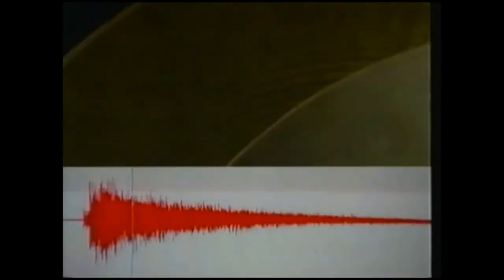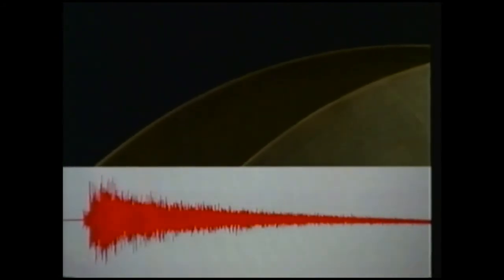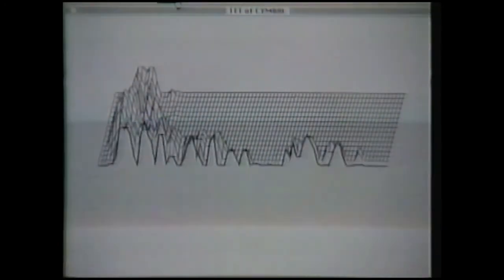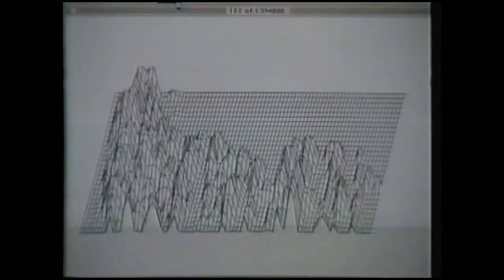Notice that for musical instruments, the pattern is very regular. Now here's a cymbal, much more like a noise. What's the difference in the pattern?